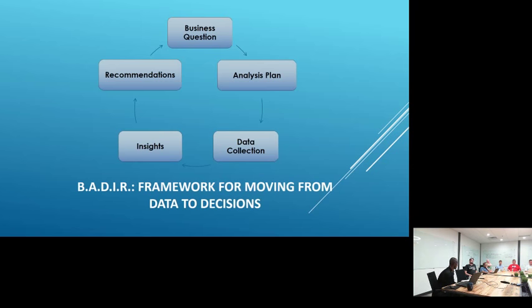So you start with understanding the business questions that need to be answered. And in every situation, when you're building out a data mart or data warehouse, you're building to answer business questions. The next step is to develop an analysis plan. So how will you actually execute the answering of those business questions?